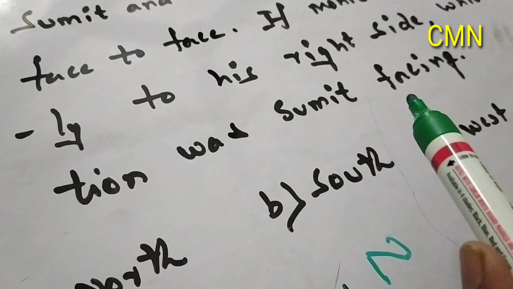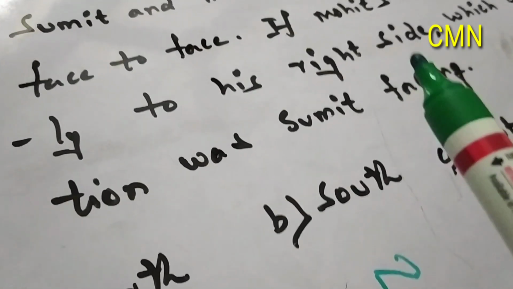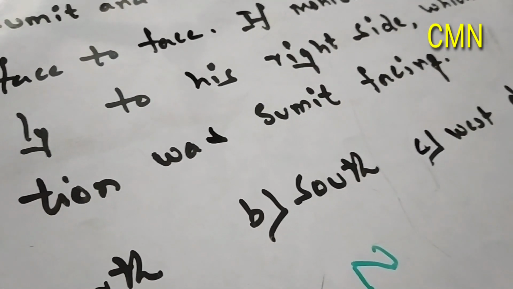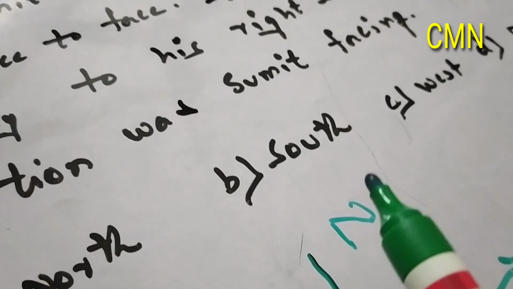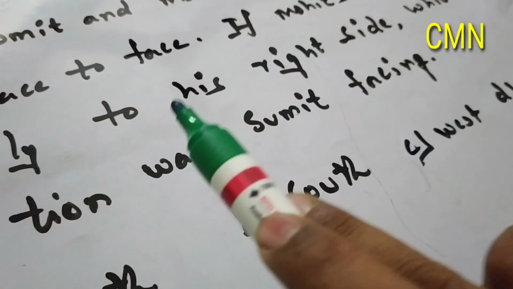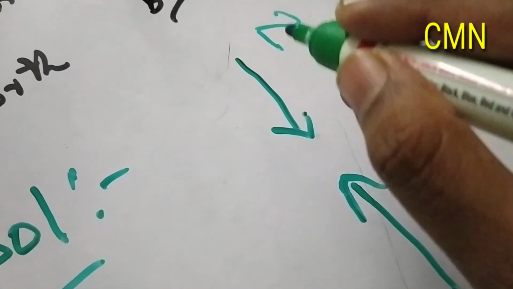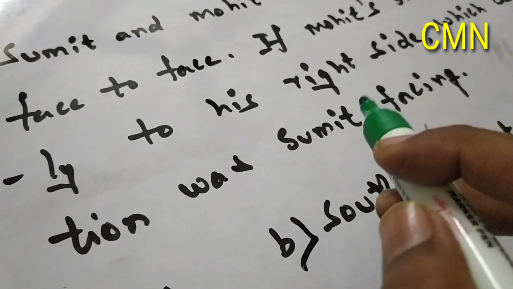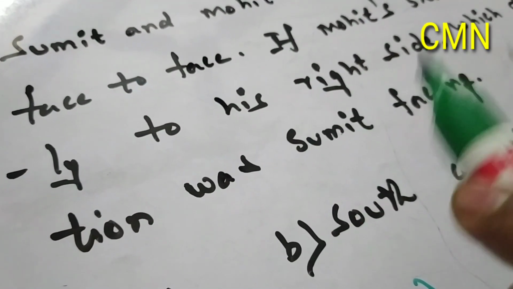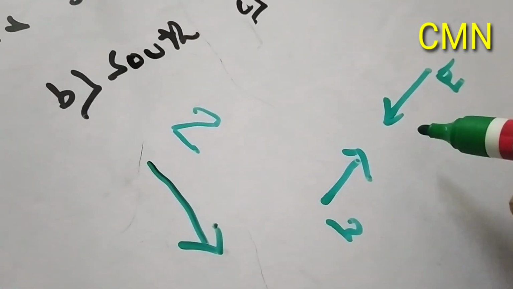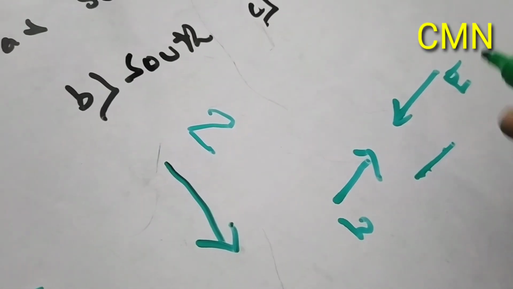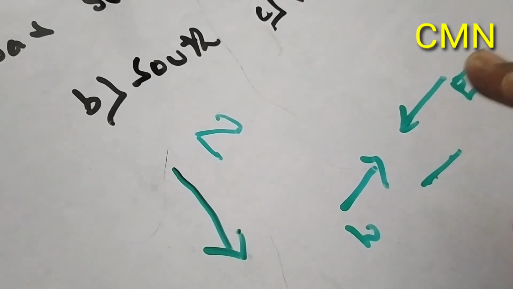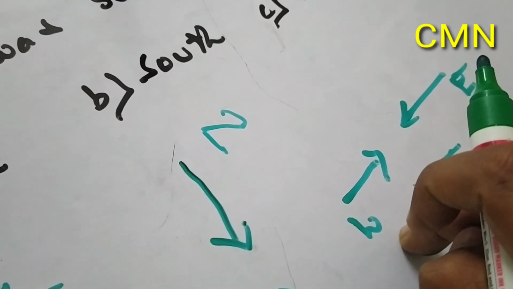But in this question they talk about right and left. In any question talking about right side or left side, this concept will be used. If the question asks about back side or front side, then his shadow will be his front side or his back side, and at that time it will be east and west.